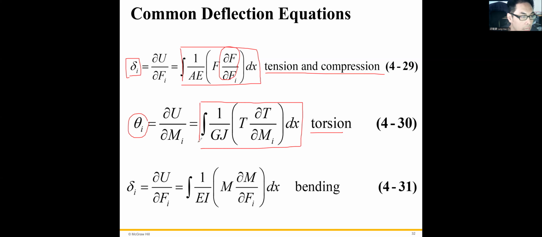We don't have to consider the energy, so we just take the derivative of the torque with respect to the moment, and then take the integration. The same for bending: the deflection equals the integral of the moment times the derivative of the moment with respect to F, and then take the integral.